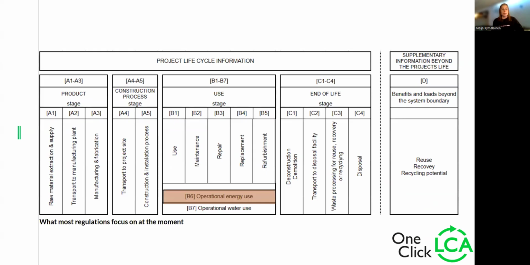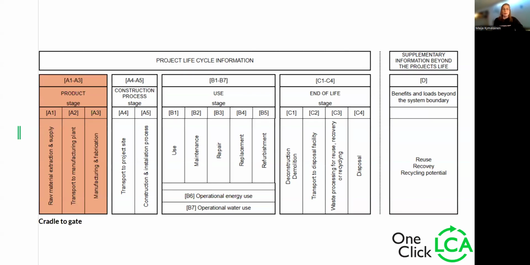So up until now, the regulations have basically been only considering this very small part of a building's life cycle, so operational energy. So all these different energy regulations that we've had for years now, they've considered only this small part.